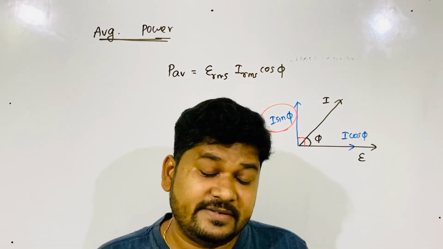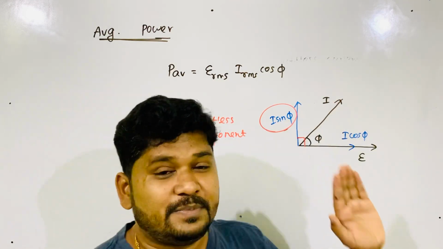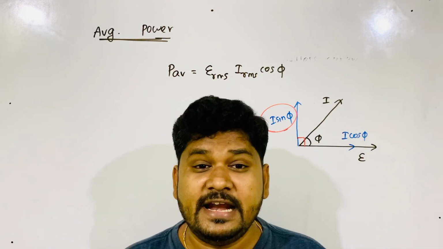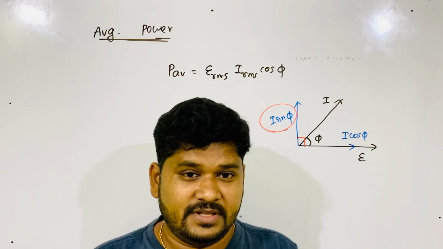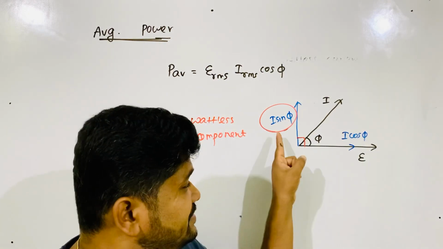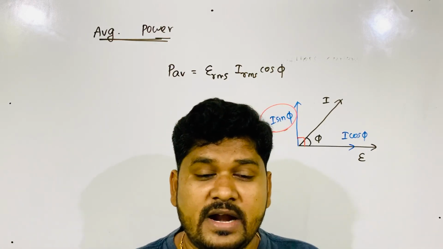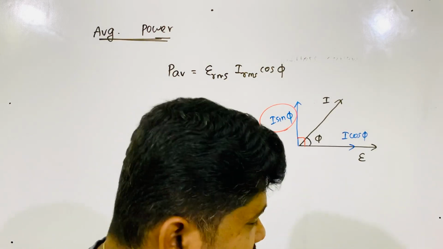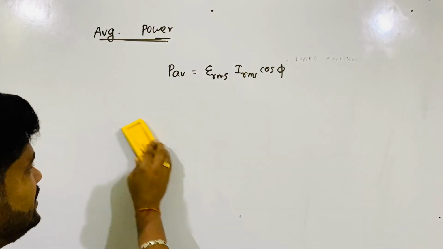Not wattless current, define wattless component. The component of a current which has a phase difference of 90 degrees with the EMF is called the wattless component. The whole current is not consuming power, only a part of it is consuming power.